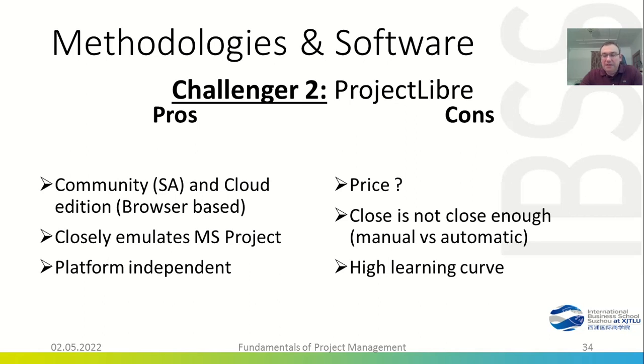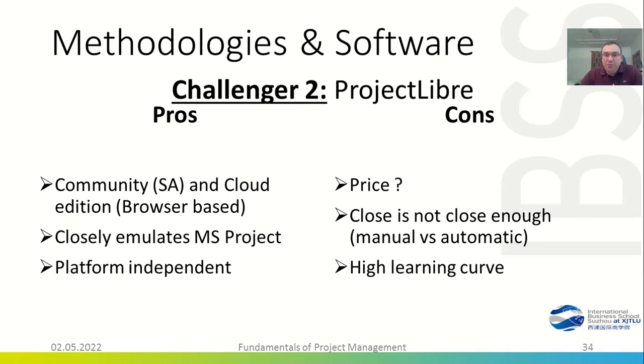The problem is it is not always intuitive, and close is not close enough. There are several items that you need to manually handle, while MS Project does this automatically.